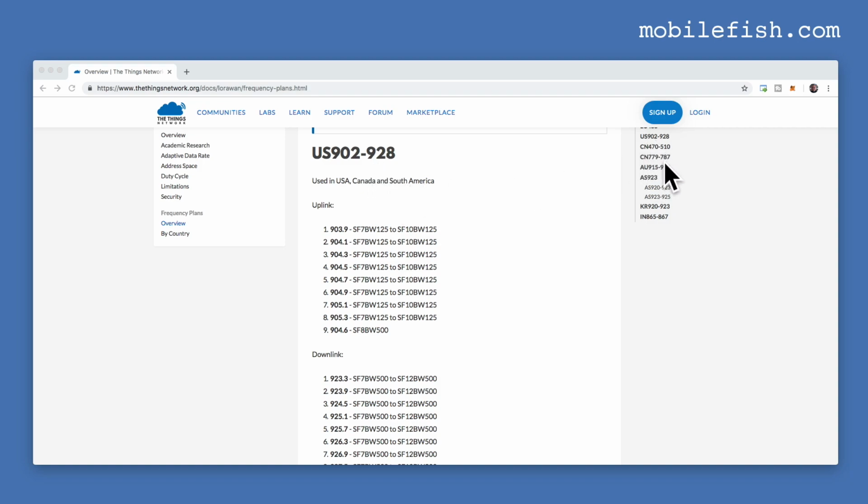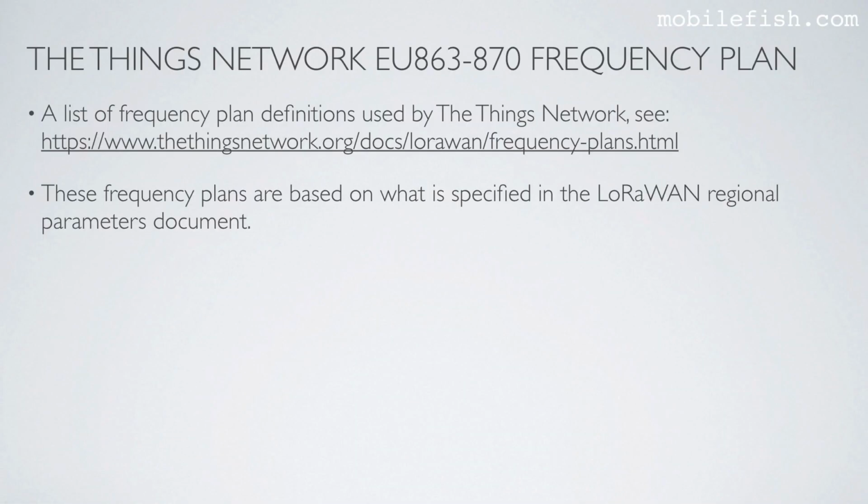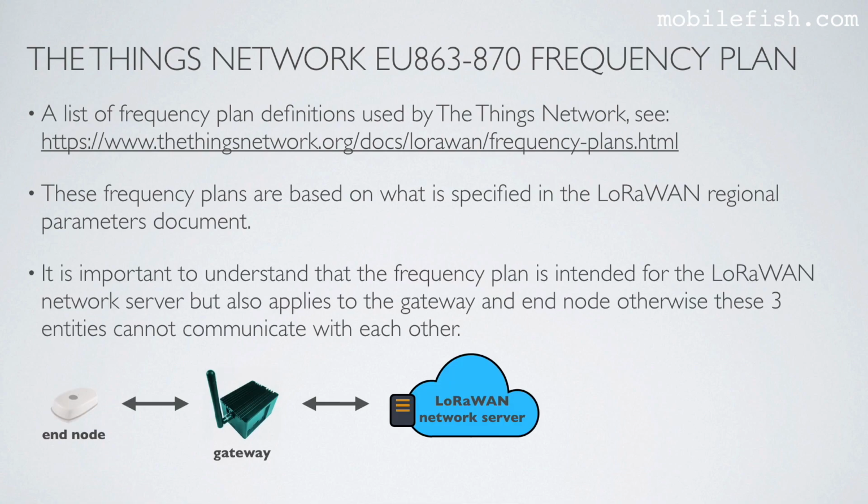And you can see there are more frequency plan definitions. These frequency plans are based on what is specified in the LoRaWAN regional parameters document. It is important to understand that a frequency plan is intended for the LoRaWAN network server, but also applies to the gateway and end node. Otherwise, these three entities cannot communicate with each other.